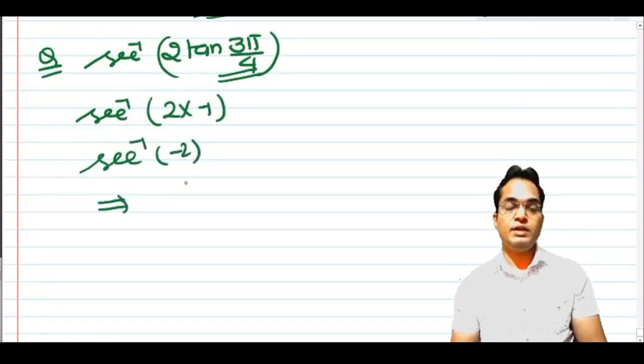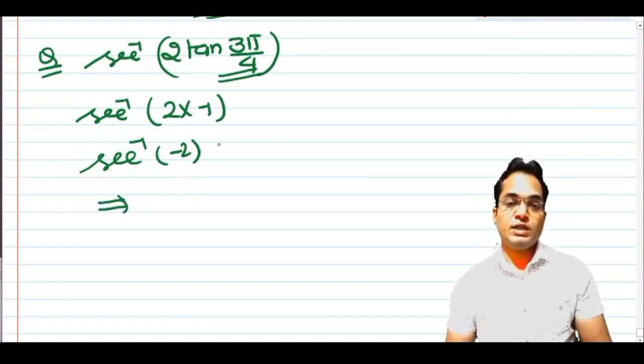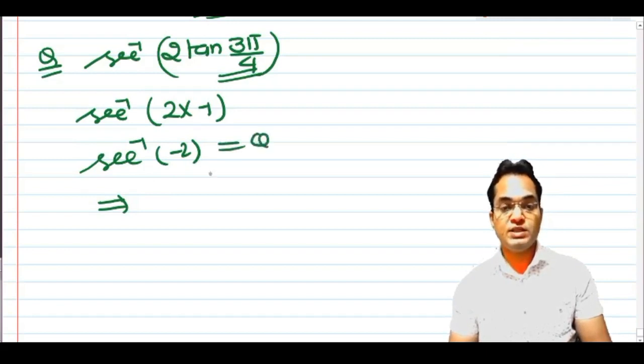And as we know, what is sec inverse minus 2? If we don't know the graph, then how can we find it? Assume it is theta.